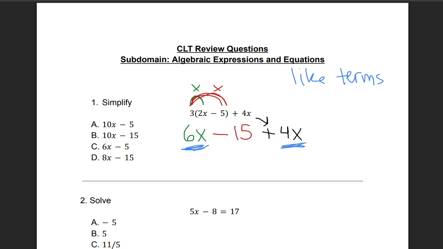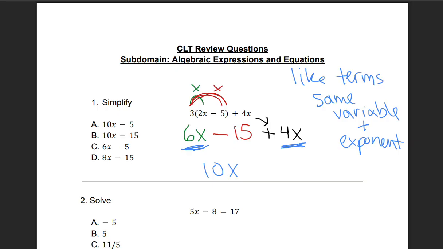If they do not have the same variable with the same exponent, you cannot combine them together. Well, here we're going to. We're going to do exactly the operation as it's written out. So a 6x and a positive 4x will combine and give us 10x.